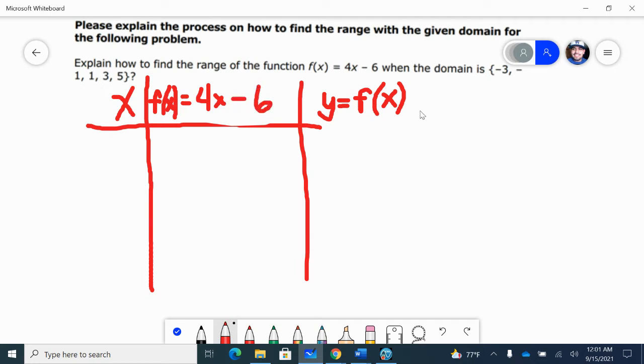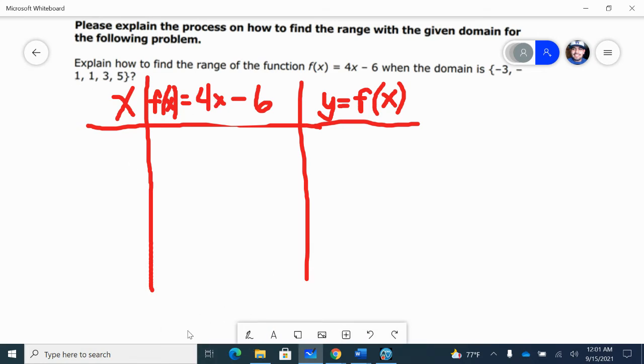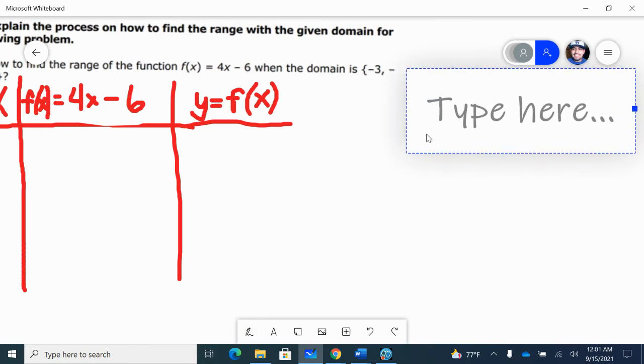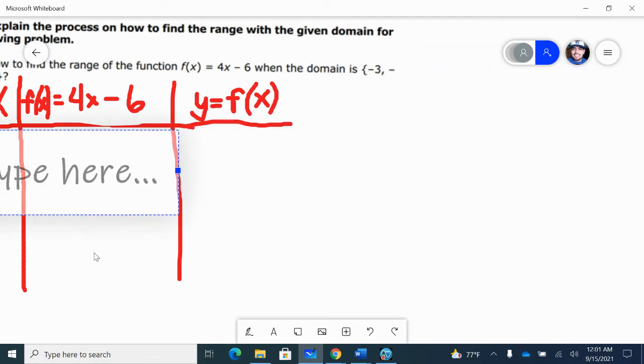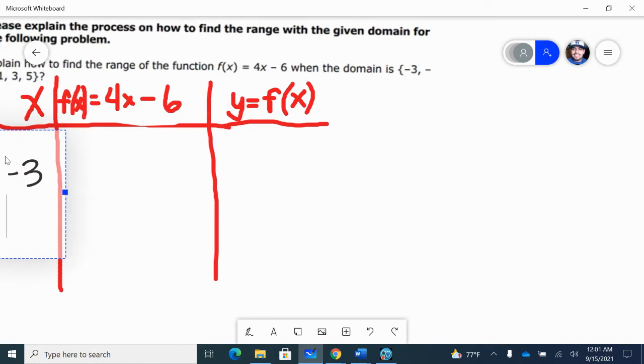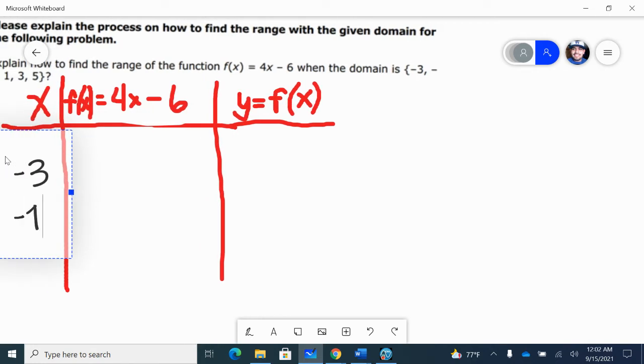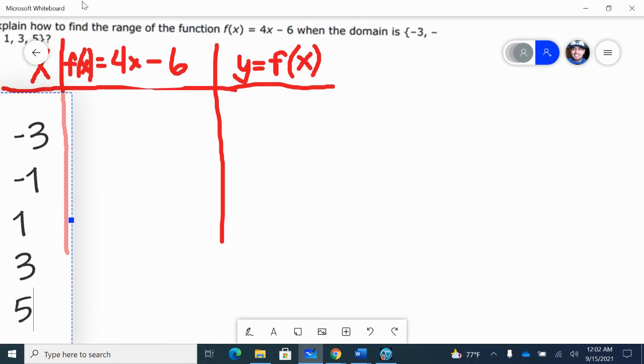Now, again, some of you guys told me, hey, you take the -3 and you plug it into the equation, which is okay. But notice how my domain actually consists of multiple parts. So here, your domain was actually -3, -1, 1, 3, and 5.